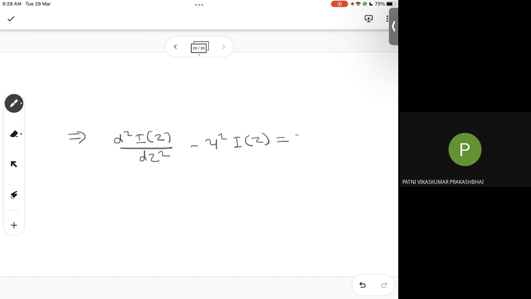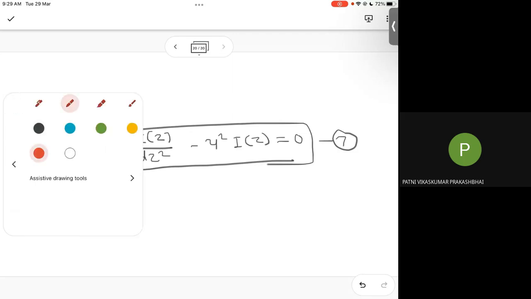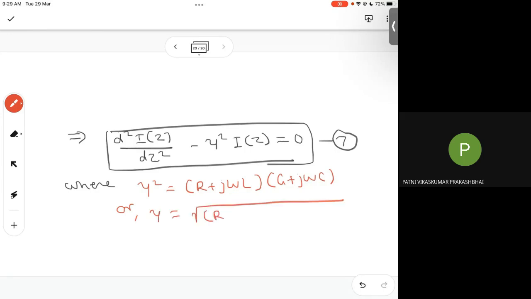So we are introducing various parameters simultaneously by which a transmission line is characterized. This I mark as 7, where I am defining a very important parameter for a transmission line. Gamma square is equal to (R plus j omega L) into (G plus j omega C), or gamma is equal to the square root of (R plus j omega L)(G plus j omega C).